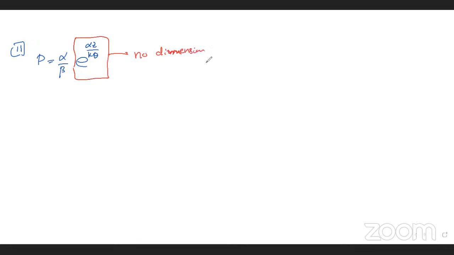And then this part, the power of a quantity, also has no dimension. So if I consider this, that means alpha z over k theta has no dimension.